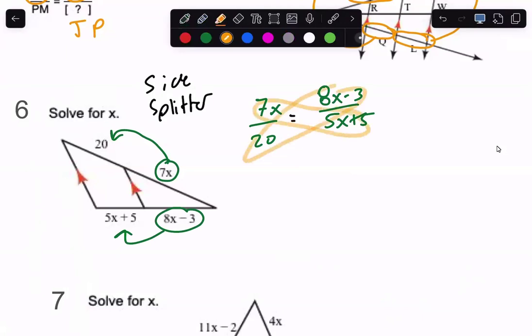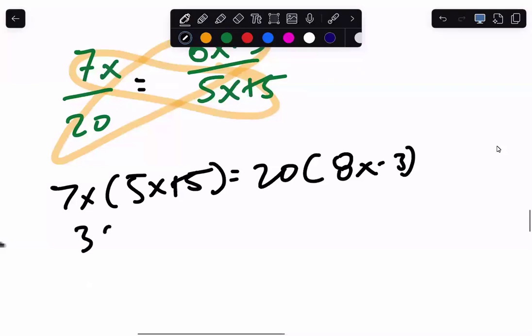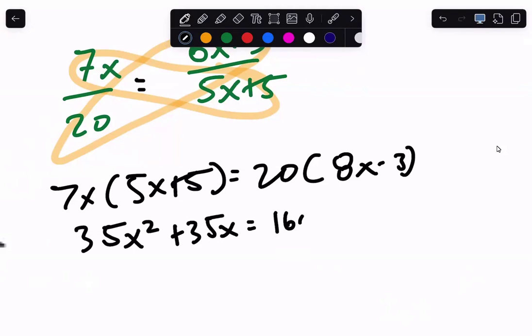Cross multiply. 7x times 5x plus 5 equals 20 times 8x minus 3. Distribute: 35x squared plus 35x equals 160x minus 60.